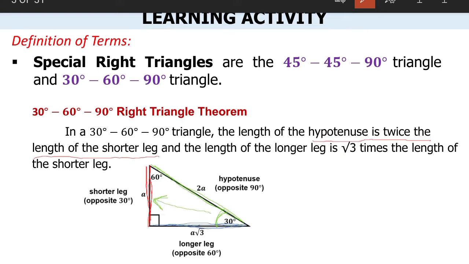So the 30 degrees, the smallest angle, is opposite the shorter leg. The hypotenuse is opposite the right angle. And the longer leg is opposite the 60 degrees. Again, I will repeat, the shorter leg is opposite the 30 degrees and the longer leg is opposite the 60 degrees, while the hypotenuse is always opposite the right angle or the 90 degrees.